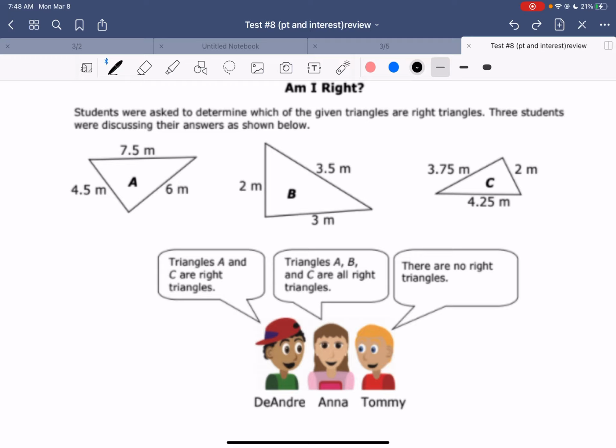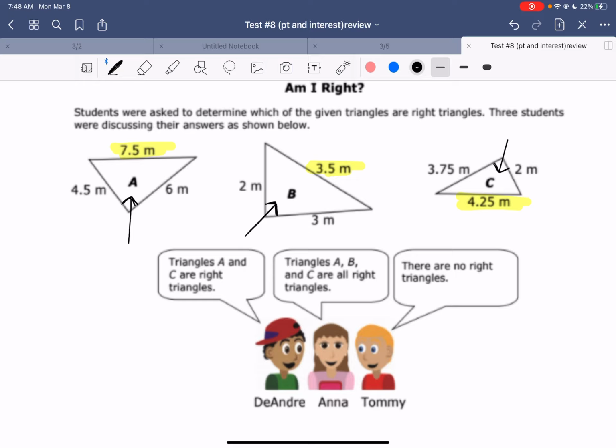So if each of these is claiming, I'm going to go ahead and add a right angle into each of these. Knowing that in order for it to be a right triangle, the longest side has to be across from the right angle, I'm identifying the largest numbers in each of these.